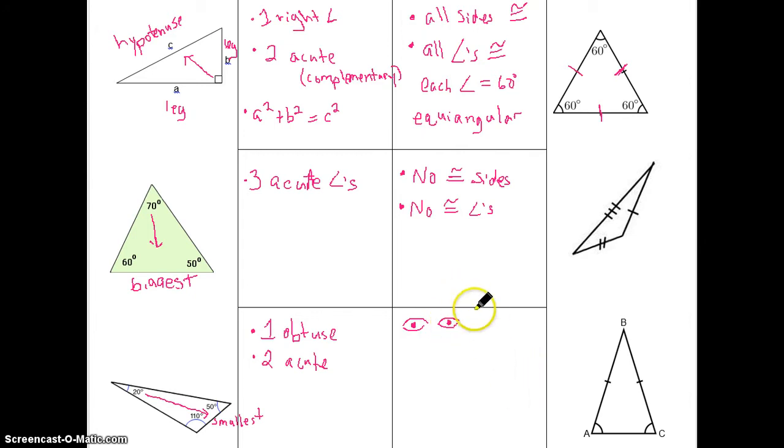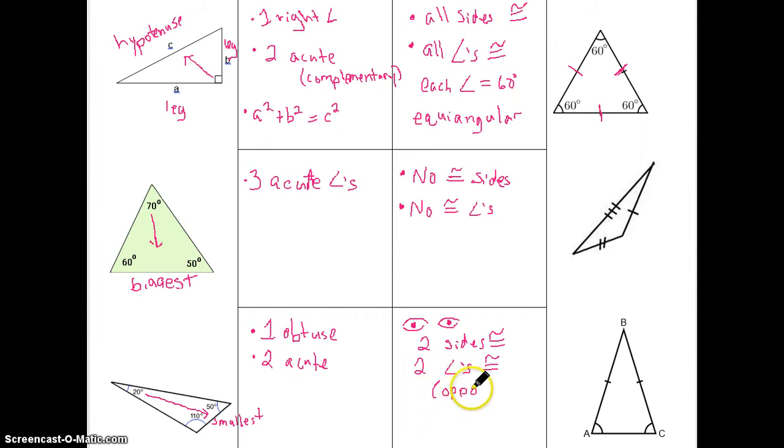Okay, so it has 2 sides congruent. And if it has 2 sides congruent, it's going to also have 2 angles congruent. And those angles will always be the ones opposite my sides.